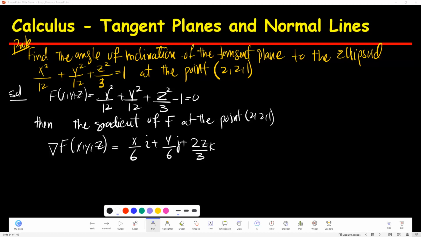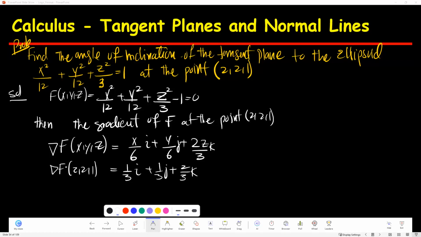So I wrote my vector in unit vector form, and I'm going to substitute the given point values 2, 2, 1, and it's going to be 1 over 3 plus 1 over 3 plus 2 over 3.